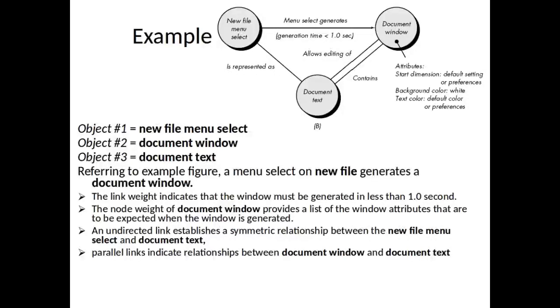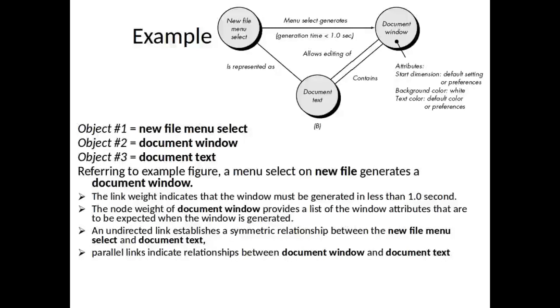An undirected link establishes a symmetric relationship between the new file menu selection and document text, and parallel links indicate relationships between document window and document text.